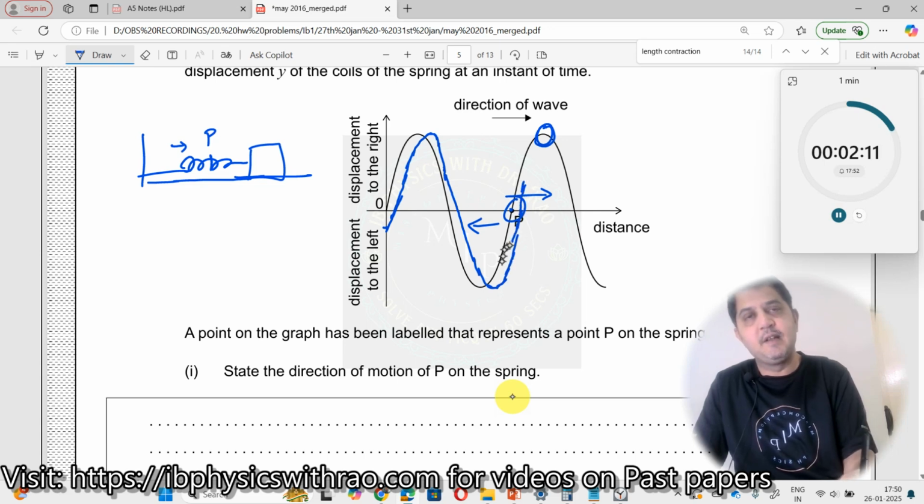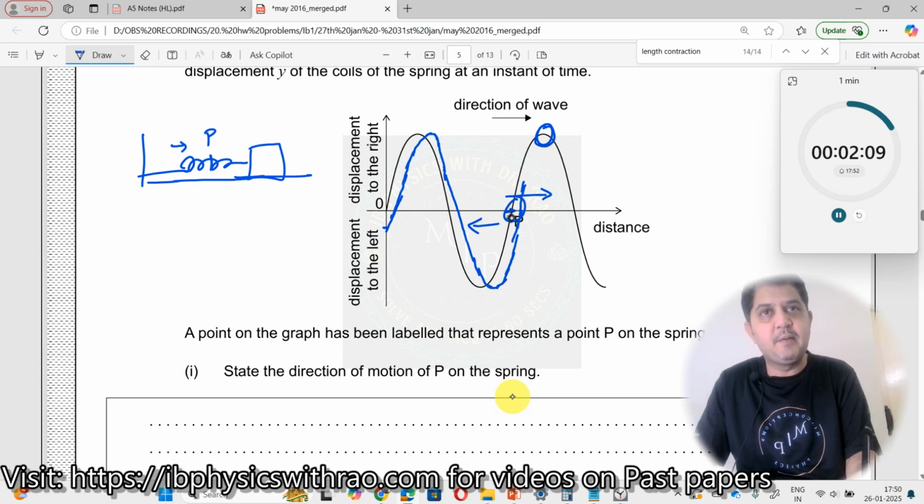Now from this point, draw a perpendicular downwards so that it intersects the curve here. This is the curve, and this is the point P. The perpendicular points downward, which means the displacement is towards the left.